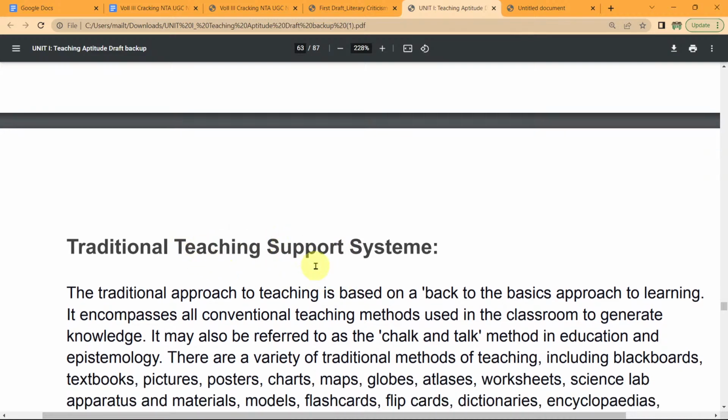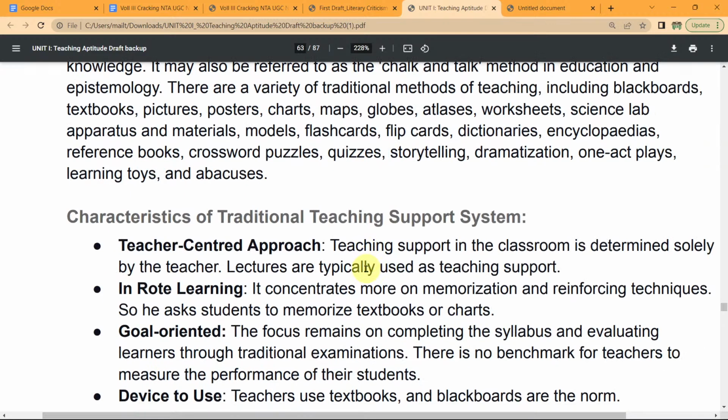So traditional teaching support, remember, is teacher-centered. In traditional support they use a blackboard, a map and a globe. Whatever you got in the old times, whatever was there in your school. These days it is completely different.